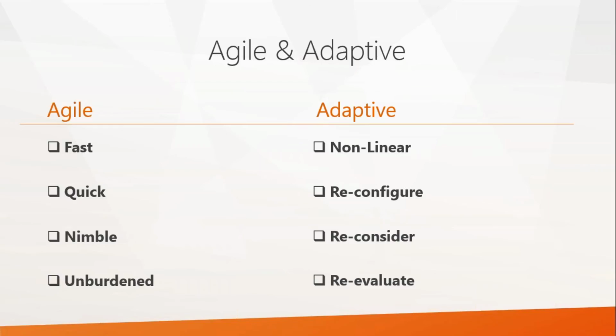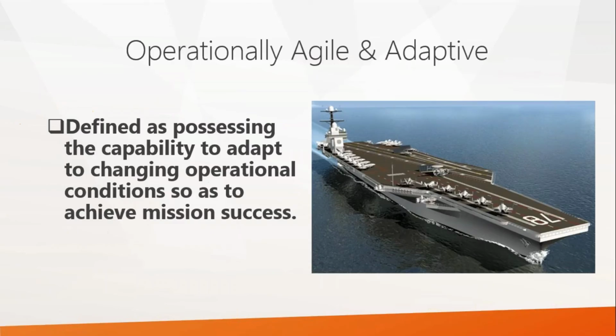So that brings us to some kind of a definition. So we can say that operationally agile and adaptive systems, and again, these are largely going to be the human-machine systems that we have, are defined as possessing the capability to adapt to changing operational conditions so as to achieve mission success.